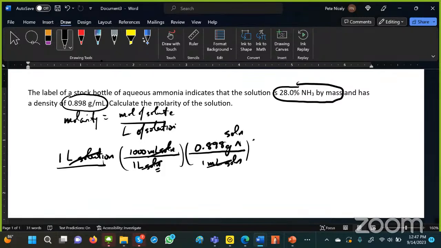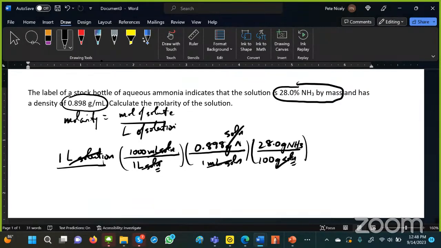And the way I would represent that here is that I would have up here as a numerator 28.0 grams of NH3, and down here I would have 100 grams of solution, right? Because that's what the information says. 28% of the solution would be ammonia. So in terms of units cancellation, this will go with that.